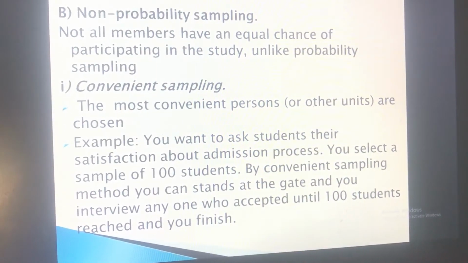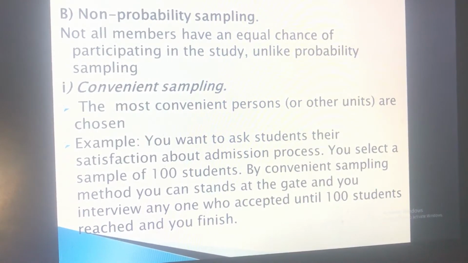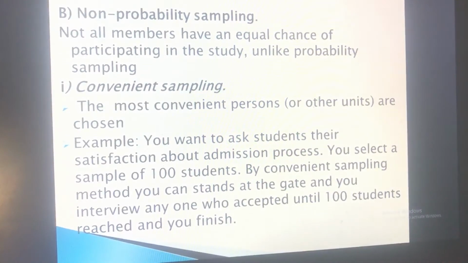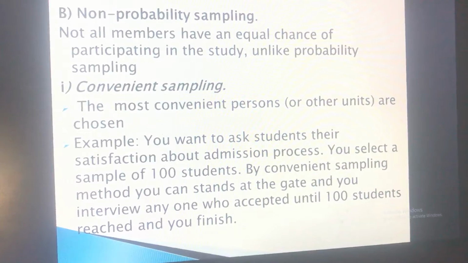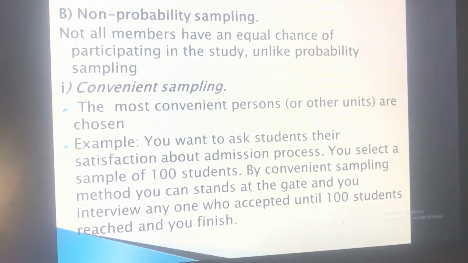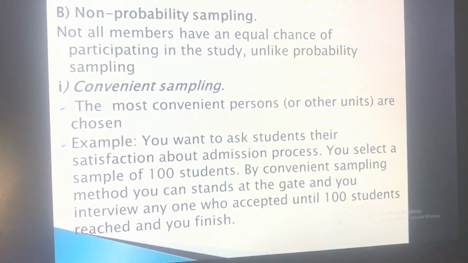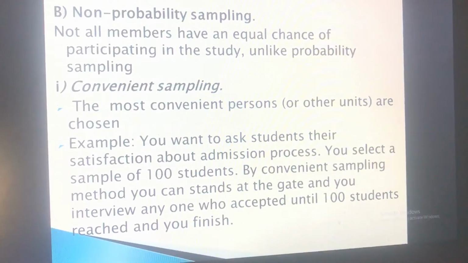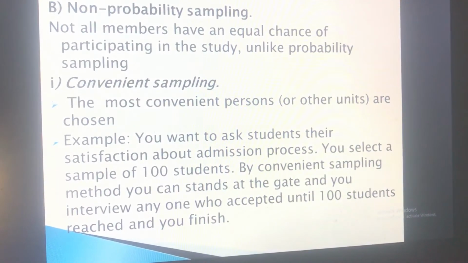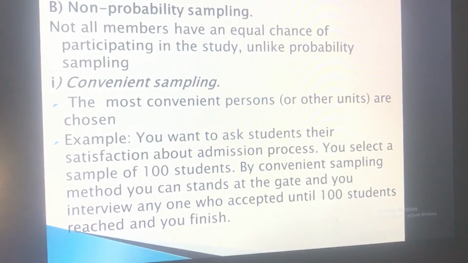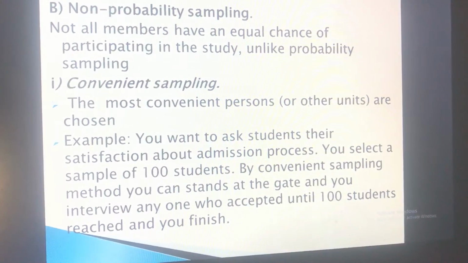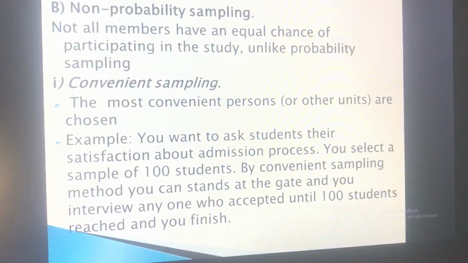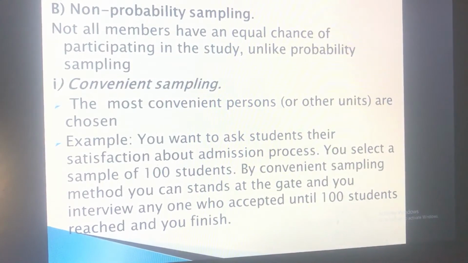By the convenience sampling method, you can stand at the gate and interview anyone who accepts until 100 students are reached, and you finish. Here you can see not all students have an equal chance of participating in the study. You selected only available students at a convenient time.